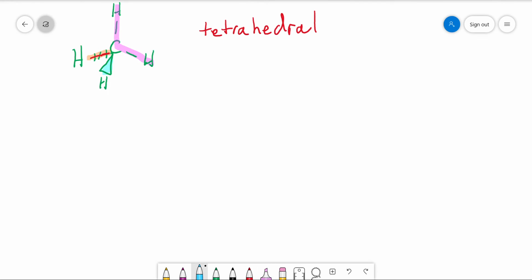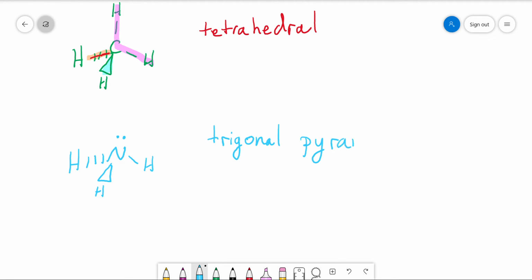Okay, moving on. 4 things around the central atom, but we're going to put a lone pair on here. This is ammonia, okay, and this shape is what we call trigonal pyramidal. Again, difficult to see on the screen. However, if we highlight some stuff, the electrons and the hydrogen are all in the same plane.